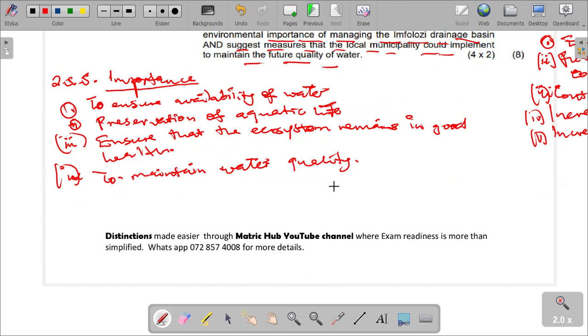And lastly, we can say preservation of habitats and biodiversity.